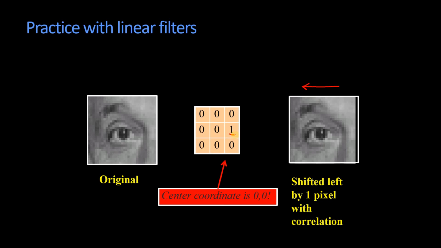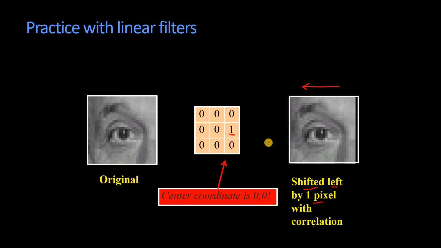So when the 1 in the impulse signal is on the right side, the image will be shifted left by 1 pixel, with a black line on the right side. Practically it will not be too visible. In the lab we will try this.